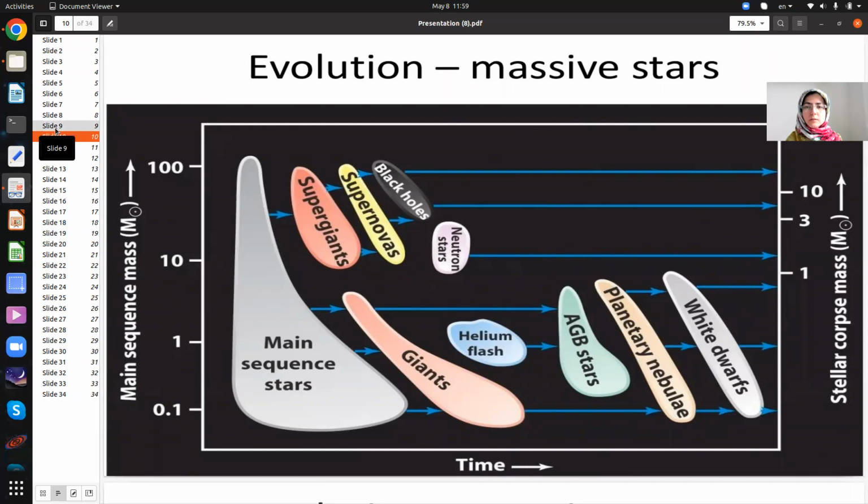Here you see the evolution of massive stars and less massive stars. For example, it is main sequence and different kinds of evolution of stars.